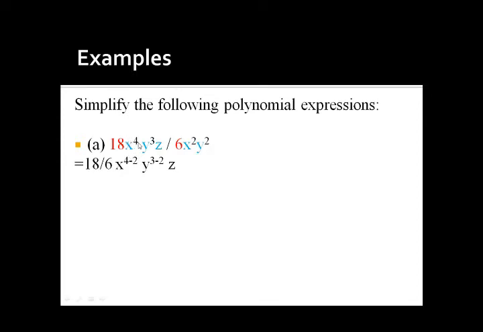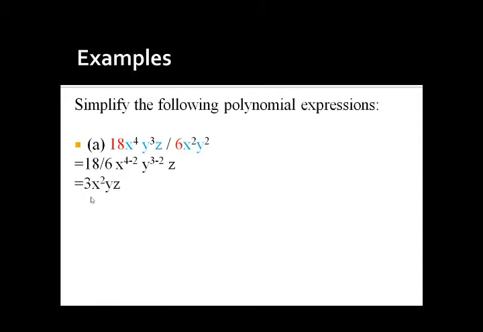So x to the 4 divided by x squared will be x to the 4 minus 2, and y cubed divided by y squared would be y to the 3 minus 2, and z has no common base to divide with, so it would remain the same.